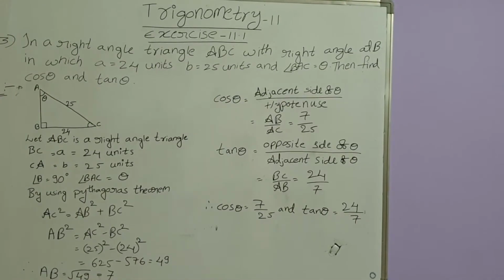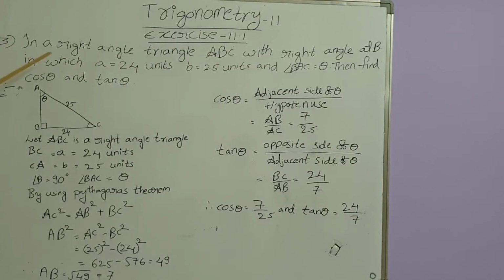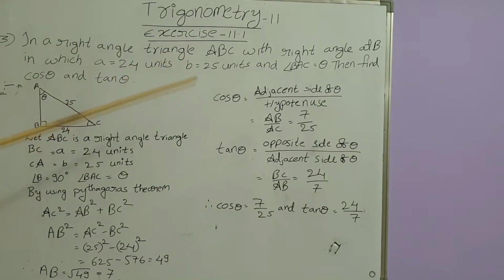In this third question, in a right angle triangle ABC with right angle at B, in which BC is equal to 24 units, CA is equal to 25 units, and angle BAC is equal to theta, then find cos theta and tan theta. Now, right angle triangle ABC, right angle at B, so angle B is equal to 90 degrees.